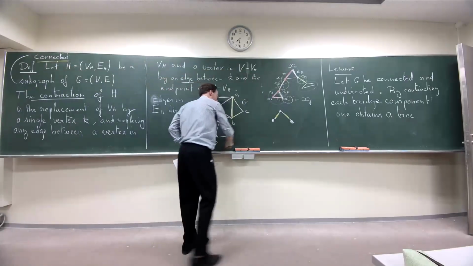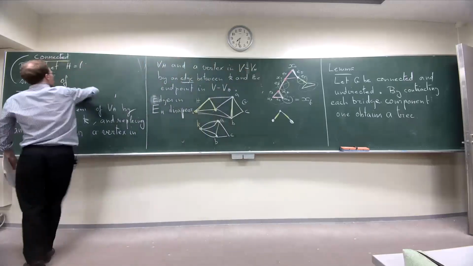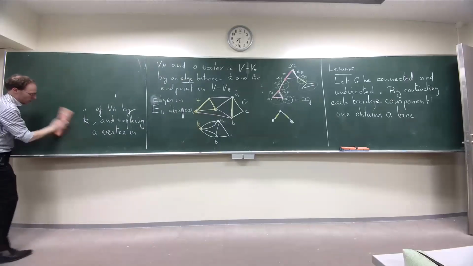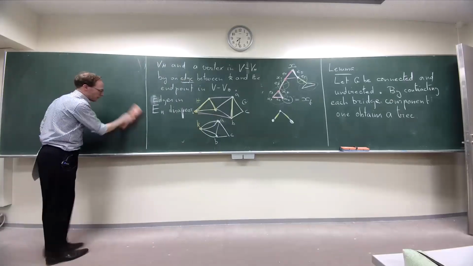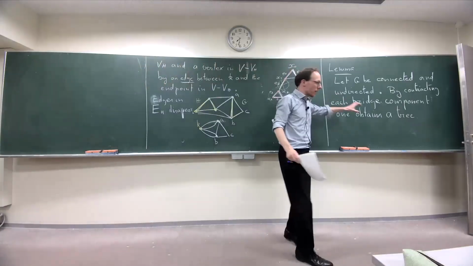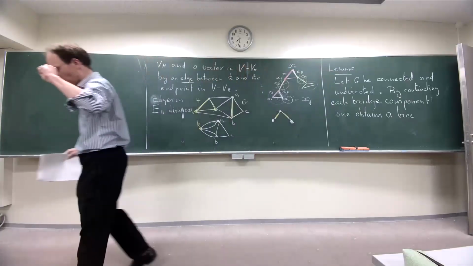And what is the algorithm? It's written more precisely in the notes. I'm not going to write it, but if somebody wants to study it, it's most welcome. Now, remember, we have two ingredients. We have this notion of bridges and contraction of the bridge component.